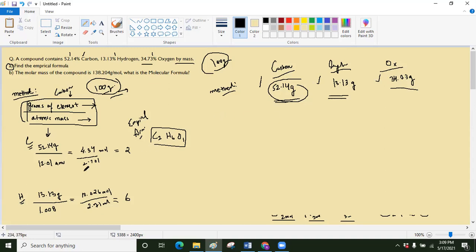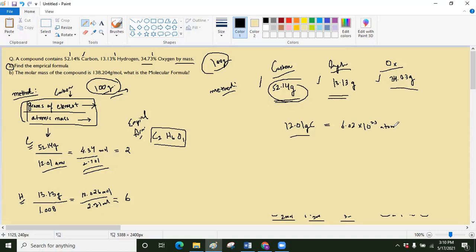So we know that the atomic mass of carbon is 12.01. So if I were to take 12.01 grams of carbon, then these many grams would have 6.02 times 10 to the power 23 atoms.